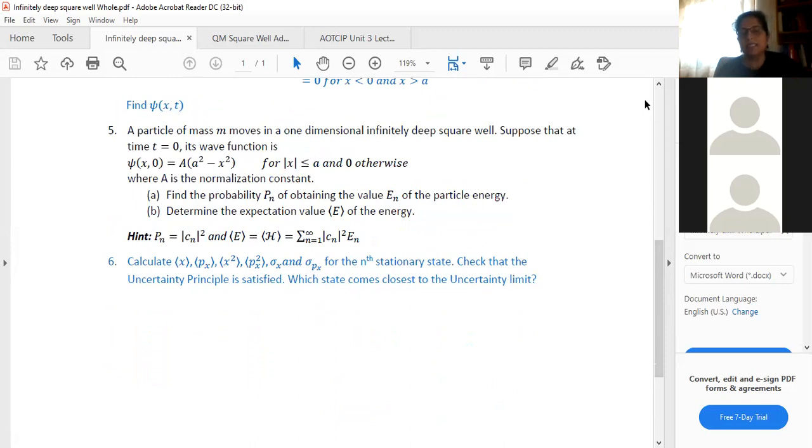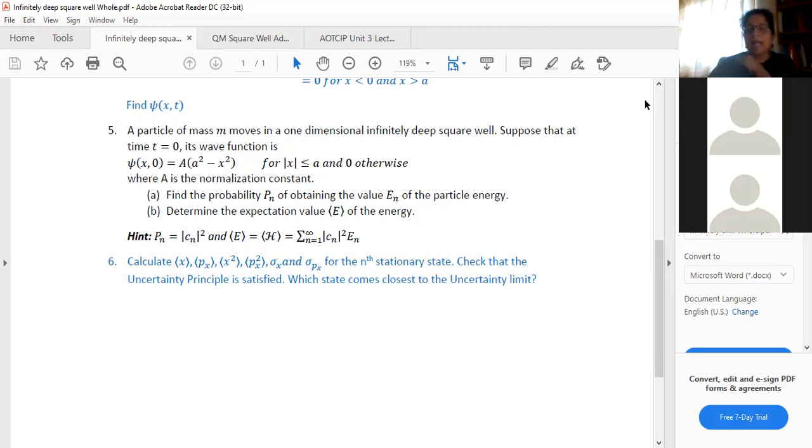What does it say? It says calculate the expectation value of x, the expectation value of px, the expectation value of x squared, the expectation value of px squared, and then it has asked you to calculate the uncertainty in x and the uncertainty in px for the nth stationary state. So here we don't have a linear combination of states at all, we just have pure states, and we have to derive the expectation value of these four quantities x, px, x squared, px squared, and also calculate the uncertainty.